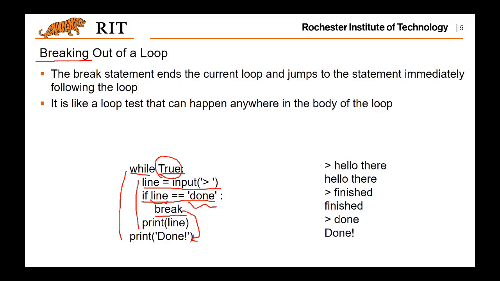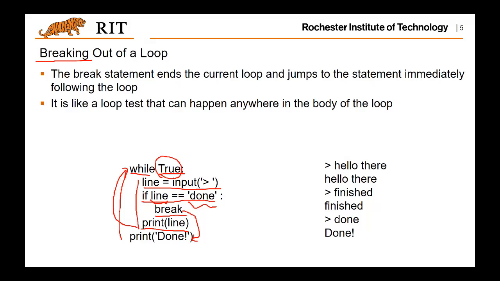Otherwise, if the input line is not done, it will execute this print line code, and it goes back to the while, because this condition is always satisfied. So it goes to this while again, checks, and waits for the user's input, again and again.